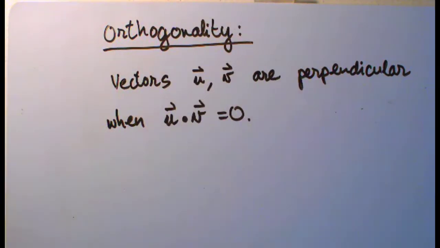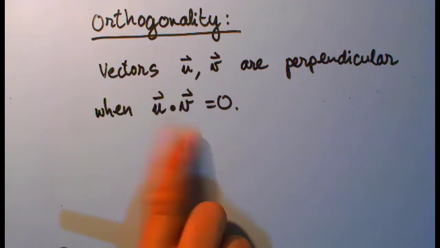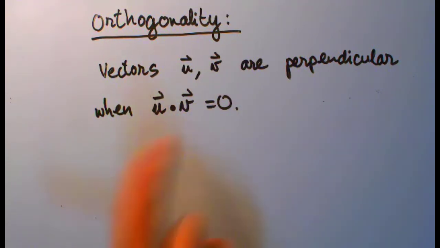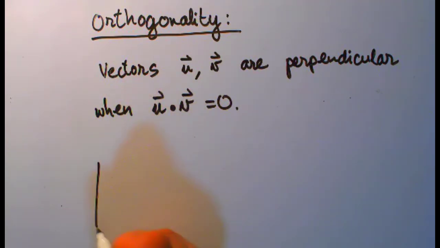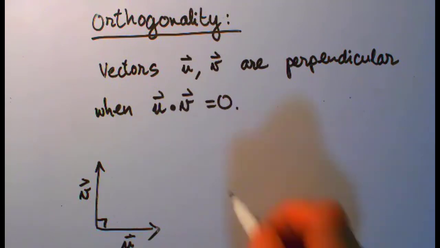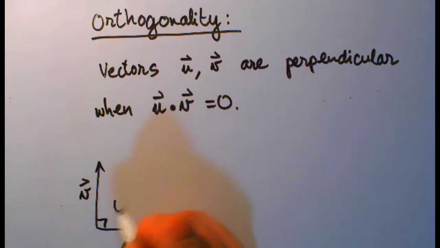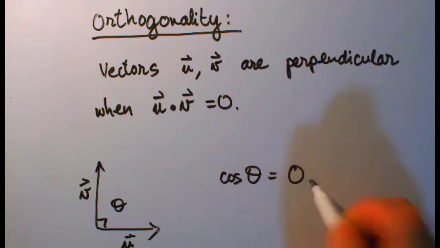And so we can quickly see that when they are perpendicular, why is this dot product equal to 0? It doesn't have to be a formal proof, but when two vectors u and v are perpendicular, the angle theta means cosine of theta has to equal 0.